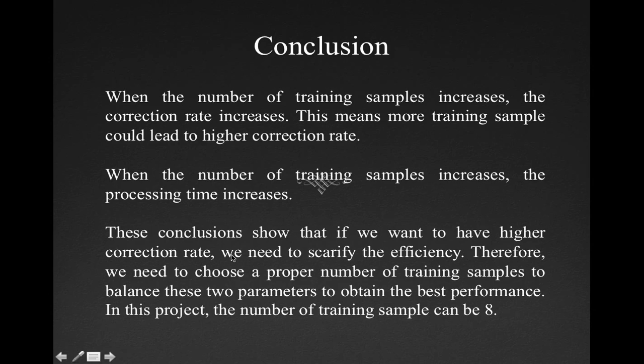These conclusions show that if we want a high correction rate, we need to sacrifice efficiency. Therefore, we need to choose a proper number of training samples to balance these 2 parameters to obtain the best performance. In this project, the number of training samples can be 8.